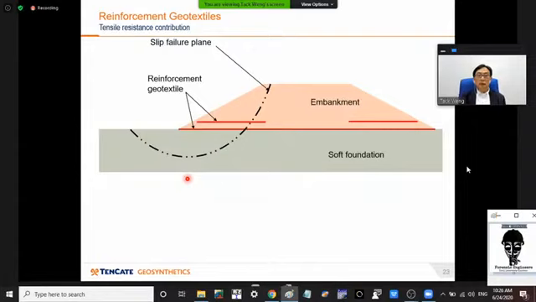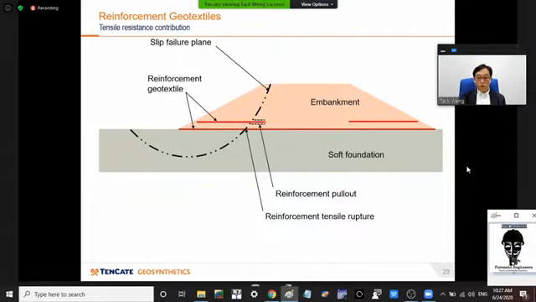If the reinforcement is too short, there is a tendency for the reinforcement to be pulled out. So we have to calculate the reinforcement pull-out strength, and the design then adopts the lower of the two as a contributing factor to the stability of the slip plane.